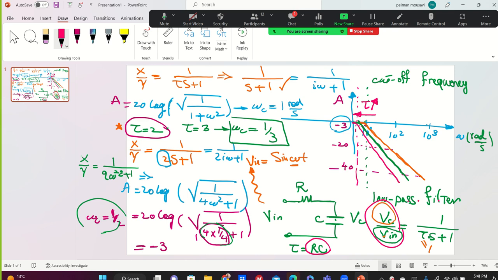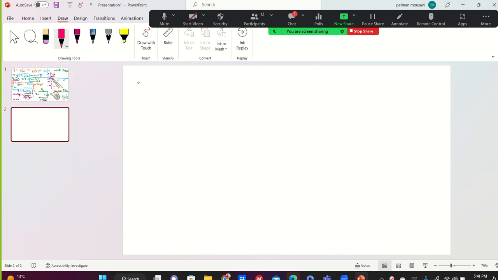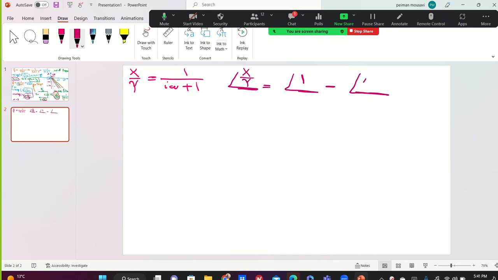Can I go to the next page for the phase angle? Can I go? Okay. So let us stick to our original problem. 1 over i omega plus 1, the first order system. Based on whatever I taught you, the phase angle of this x over y is the phase angle of the numerator, as I taught you in the previous class, minus the phase angle of the denominator, i omega plus 1.